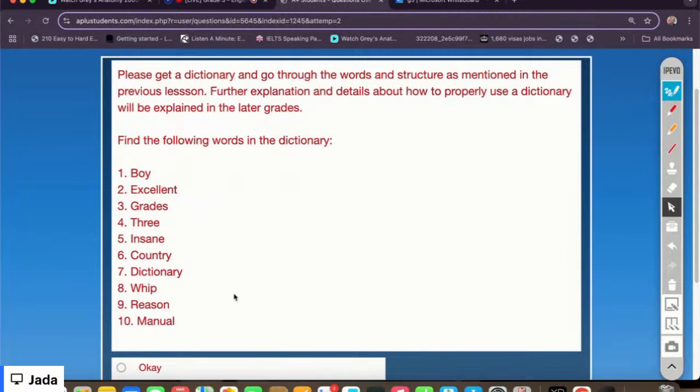Sharp there, the one that you wrote is the pronunciation. That's the pronunciation of sharp.